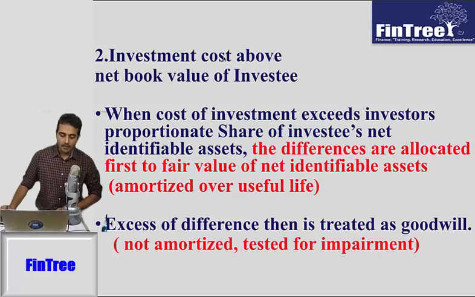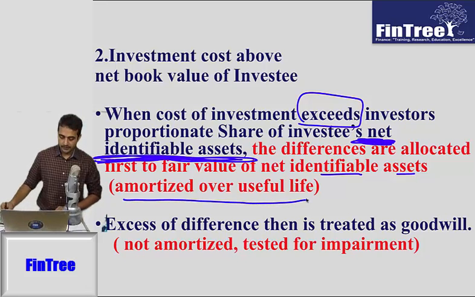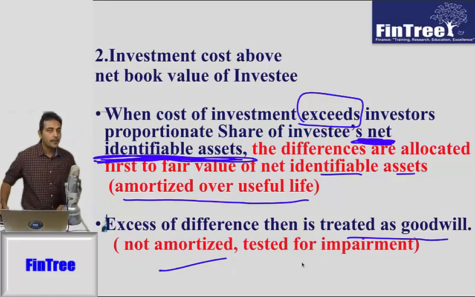Then investment cost above the net book value. When the cost of investment exceeds the proportionate share of net identifiable assets, I'm yet to do a tricky question on this, similar to one on the mocks, but we'll keep that on hold. The differences are allocated first to the fair value of net identifiable assets, amortized over useful life. The excess of the difference is then treated as goodwill, which is not amortized but tested for impairment.